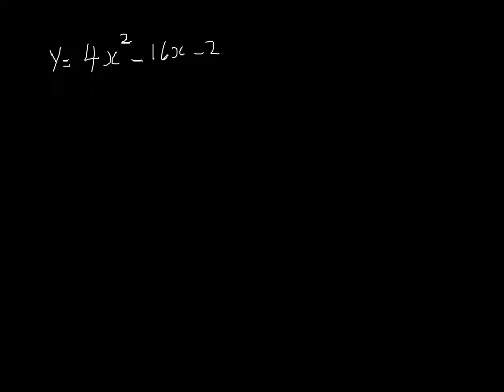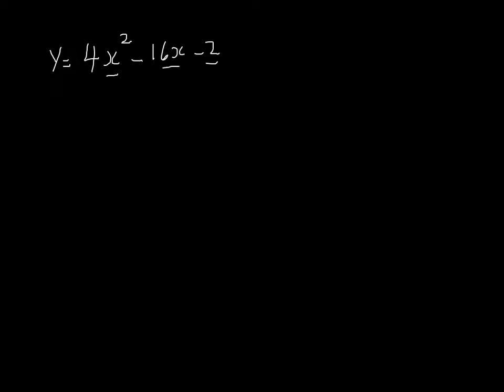It's not as easy and simple as the shortcut that I showed previously. How does completing the square work? First, when you're writing the standard form, always start with the highest power to the lowest one. So x squared first, then x, then the constant.